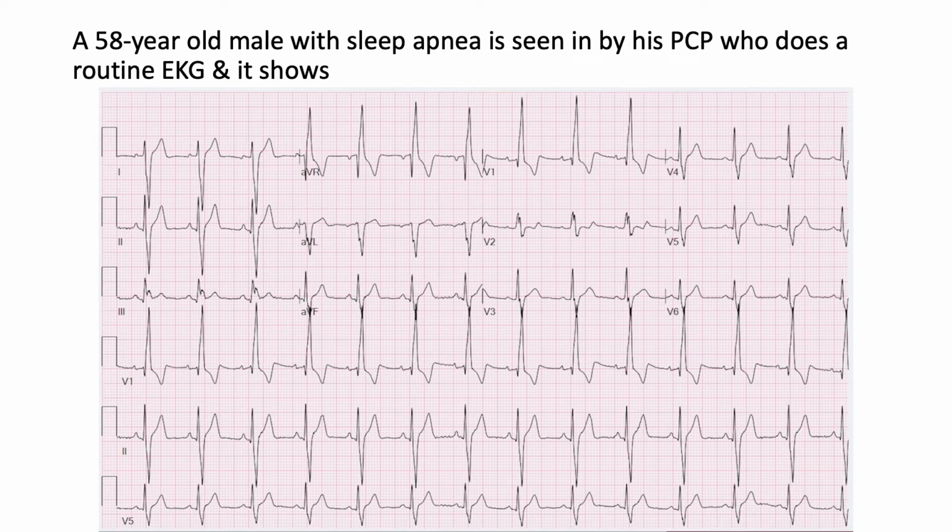A 58-year-old male with sleep apnea is seen by his PCP who does a routine EKG, and it shows this EKG. This EKG shows A. left ventricular hypertrophy, B. left axis deviation, C. right ventricular hypertrophy, D. left bundle branch block, and E. biventricular hypertrophy.